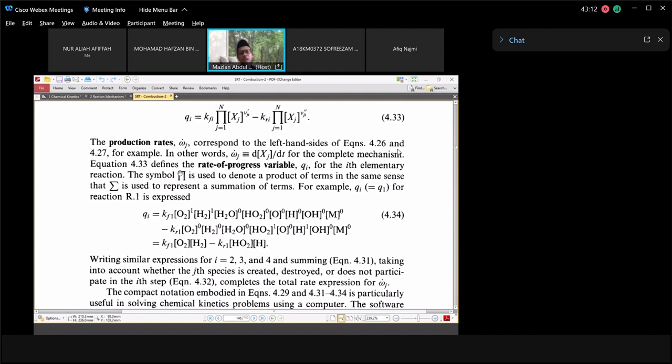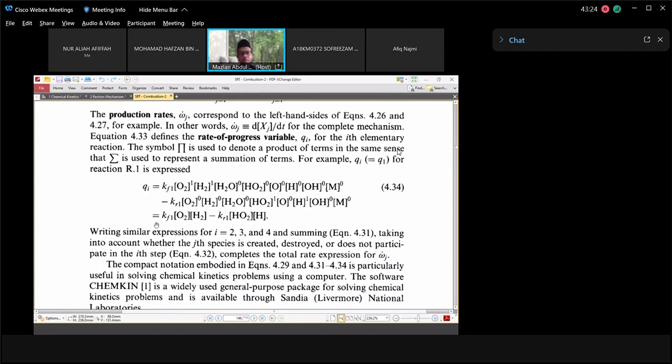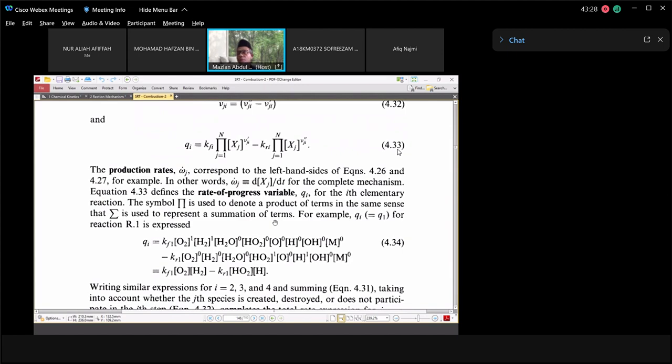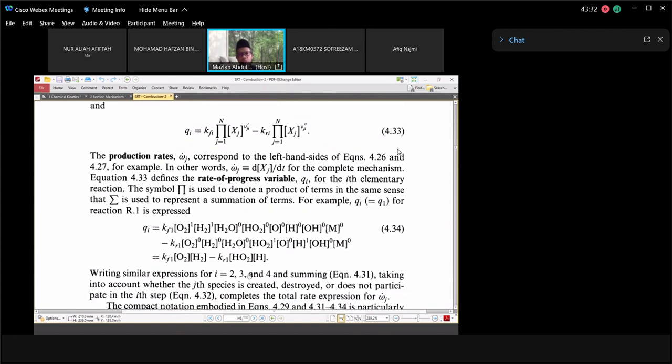And the big symbol, what is this? It stands for big pi, used to denote the product of terms, and sigma is used to denote a summation of terms. So writing a similar expression for i equal to 2, 3, 4.